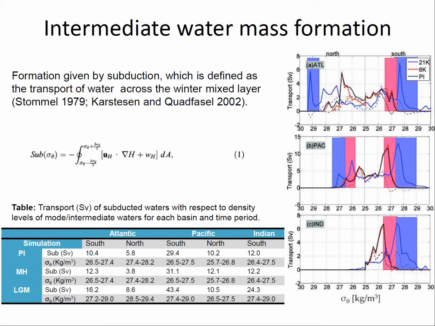And in the LGM, we see an increase in mostly all the locations of the intermediate water here, according to the reference of sigma that we found from the TS relationship. And especially in the South Pacific here, where we go from 29 values up to 43 values.